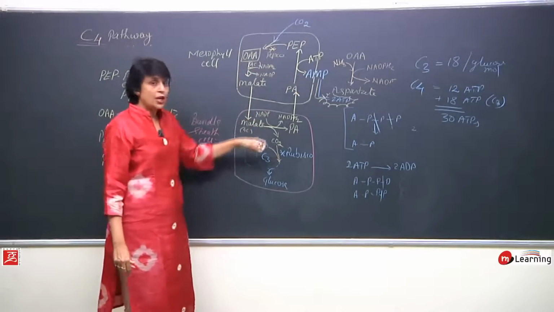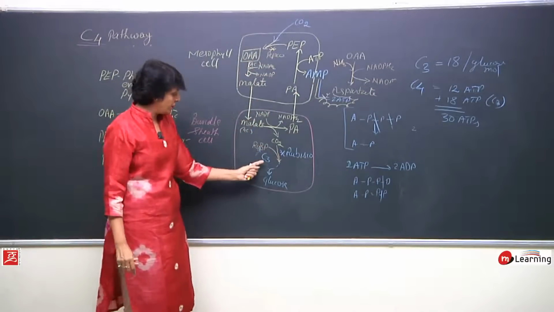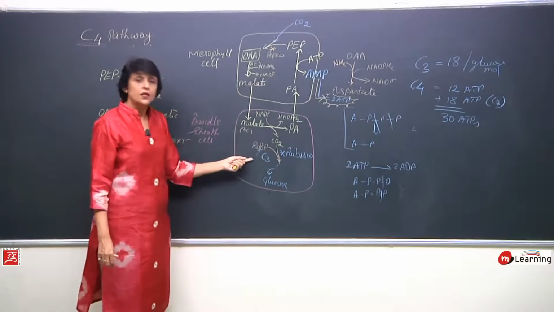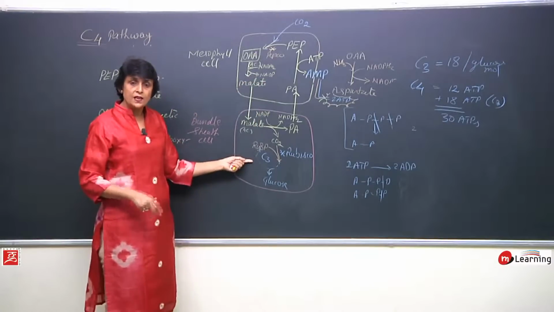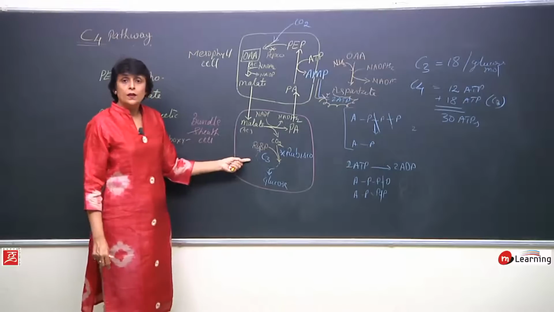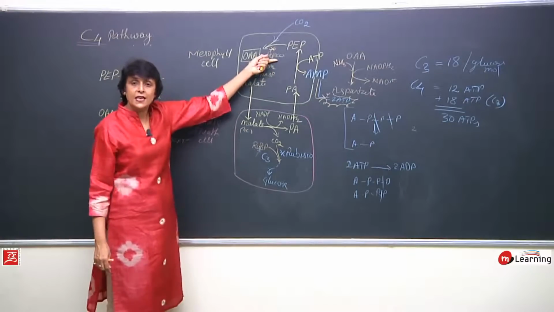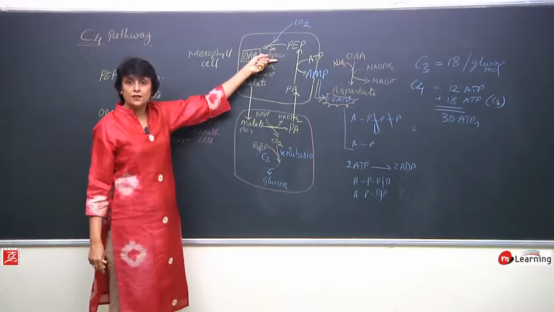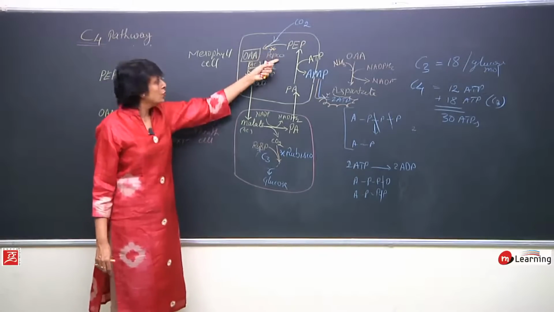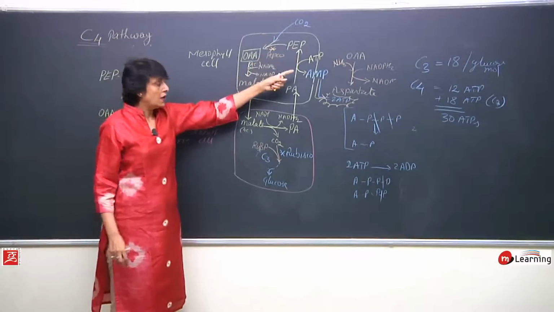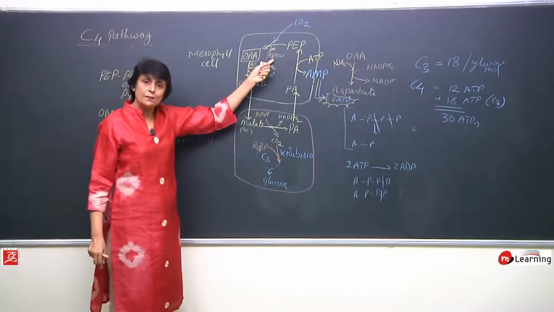So by this changed position of C3 cycle, that means instead of mesophyll cells, shifting it to bundle sheath cells, and second, the enzyme which accepts carbon dioxide in mesophyll cells is PEPCO, whose activity does not change because of oxygen concentration or temperature.